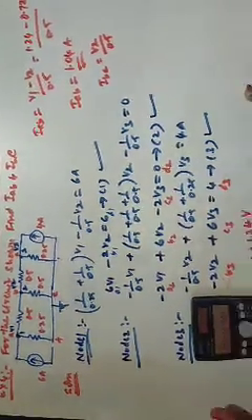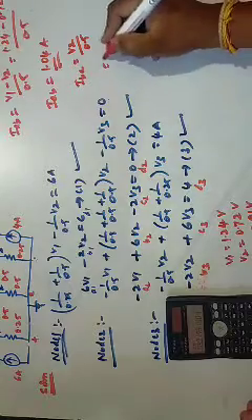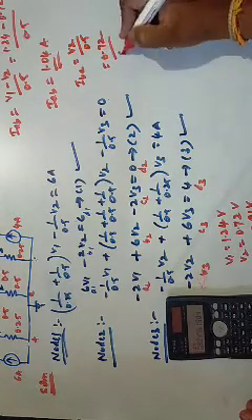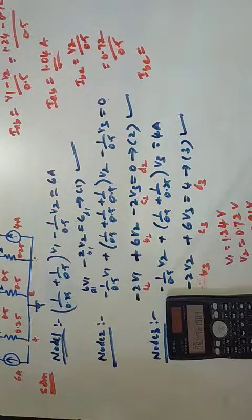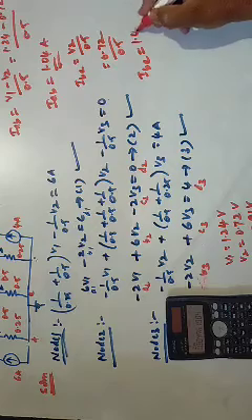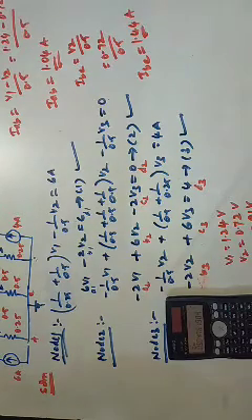What is the value of V2? We found that it is 0.72, divided by 0.5. We get IBE is equal to 1.44 ampere.